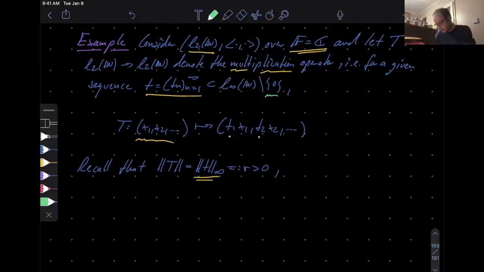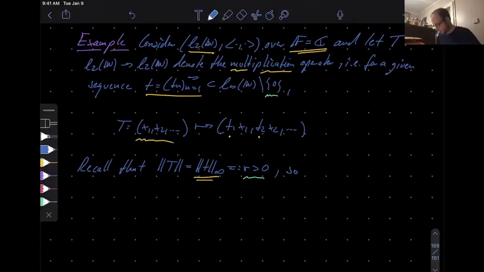With this assumption in place, the operator norm is strictly positive, and I abbreviate it as small r. Now, using what we have learned over the past videos, a general fact is that the spectrum, which is always bounded and closed, hence compact, is sitting inside a disk centered at the origin with radius at most the operator norm.